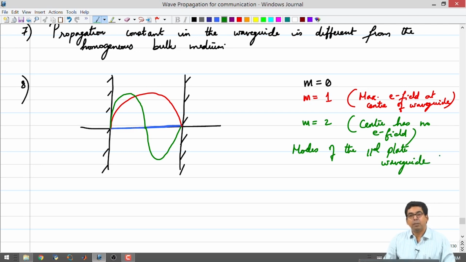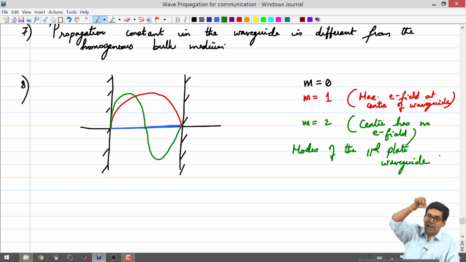In order to know the profile of the modes, the only way to know it is if you use a tiny detector and you move it from one wall of the waveguide to the other wall while you are measuring the current. Then only you will notice that there is a maximum current at the center. So, this kind of a profile is an m equal to 1 profile, you can say.